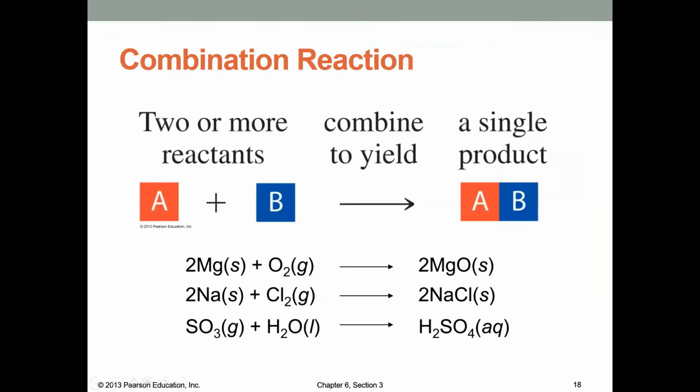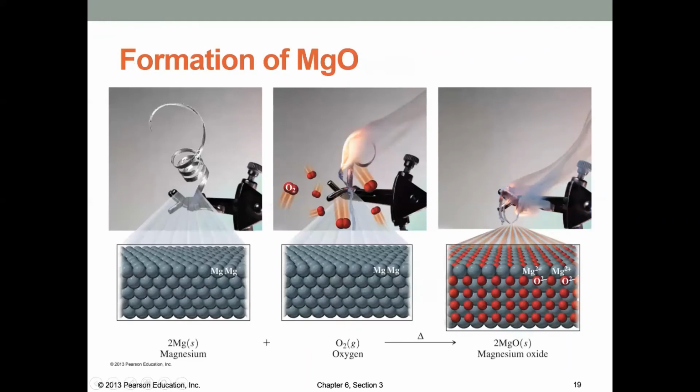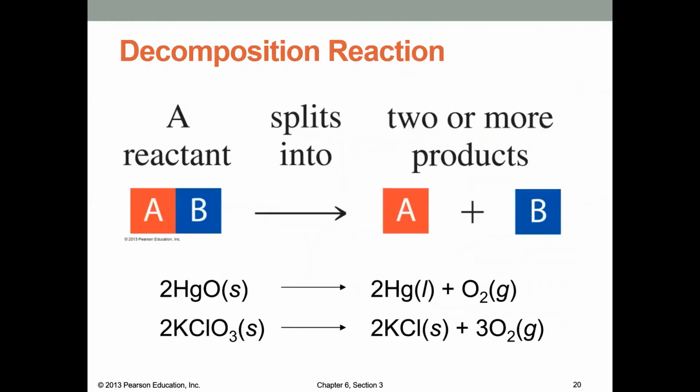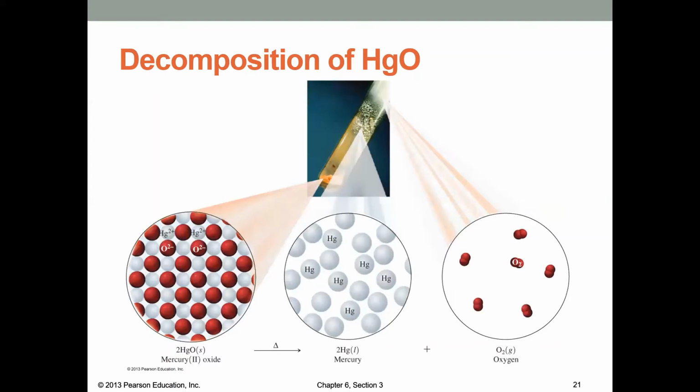So again, here they are. This is combination, two becoming one, like the formation of magnesium oxide. Decomposition, when one thing breaks down into two. So if we think of the decomposition of mercury oxide breaking down back to mercury and oxygen.